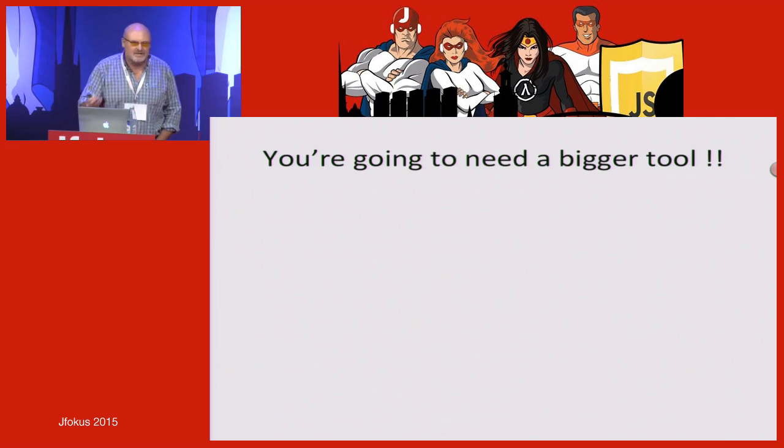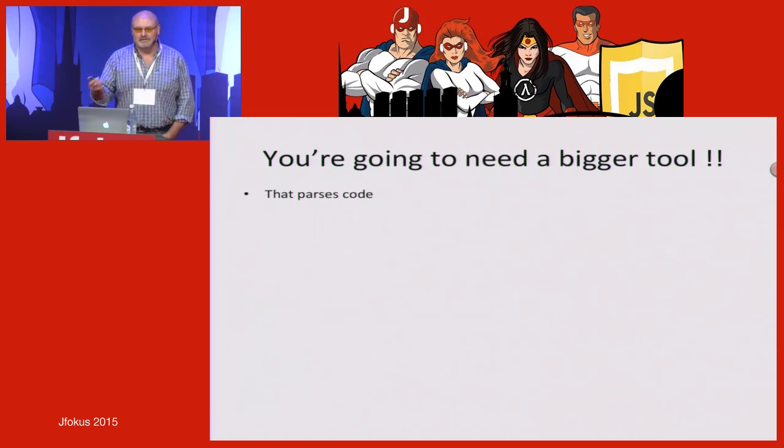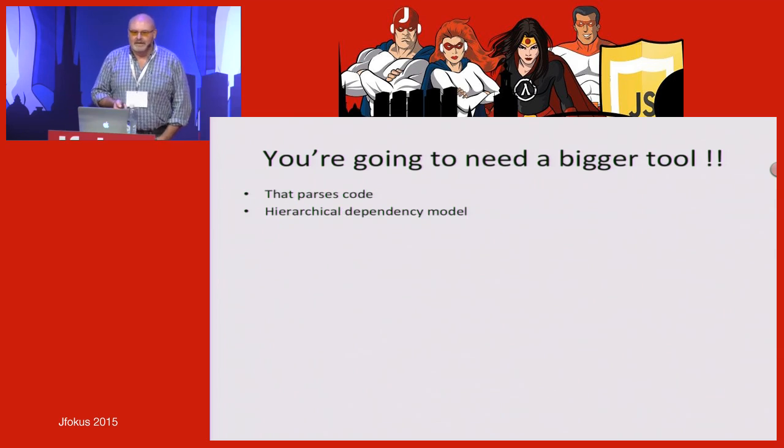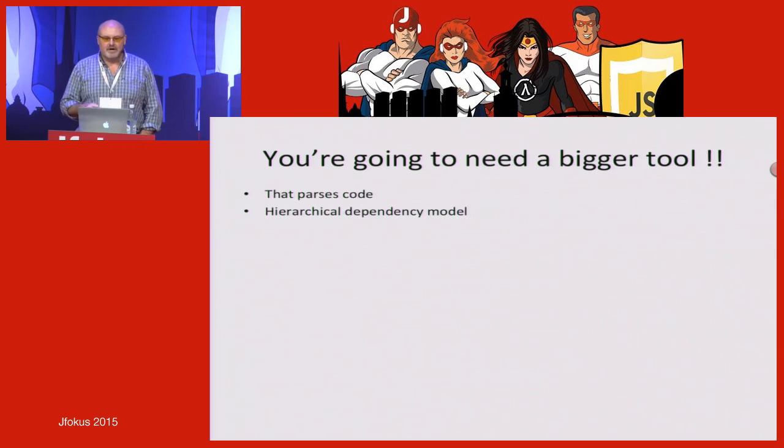You can't just see it in the code. It's not possible. So you need something that will parse the code. It needs to basically show you a hierarchical dependency model, and it needs to be malleable. You need to be able to try different things out.